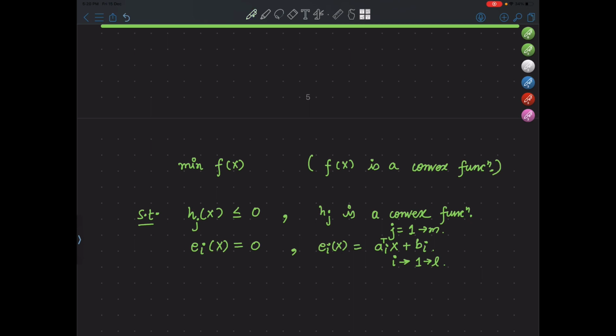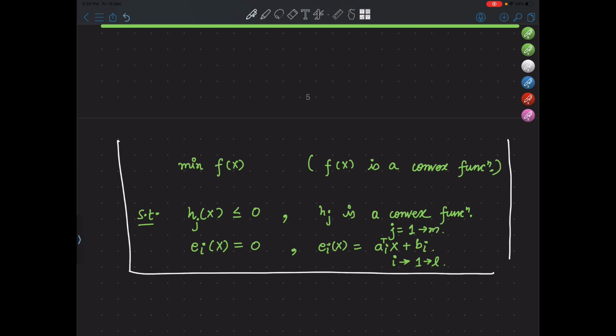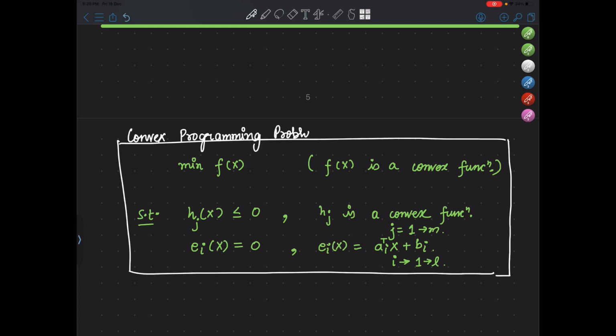These kinds of programming problems are called convex programming problems, in which the objective function is convex and the constraints are also convex sets.